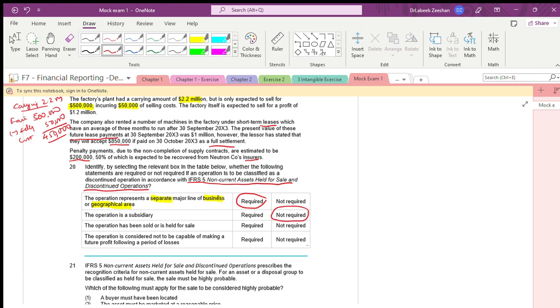Next. The operation has been sold or is held for sale.